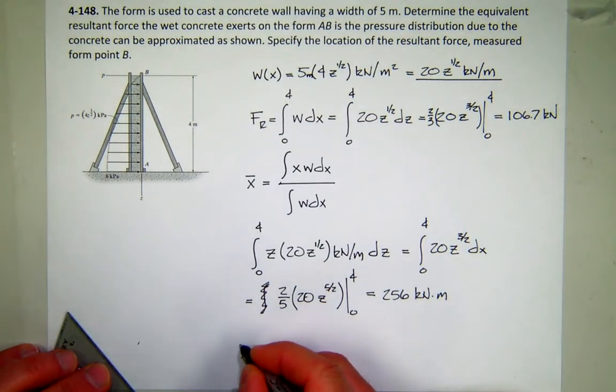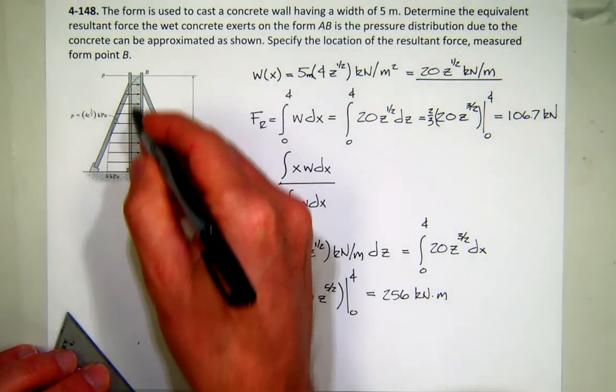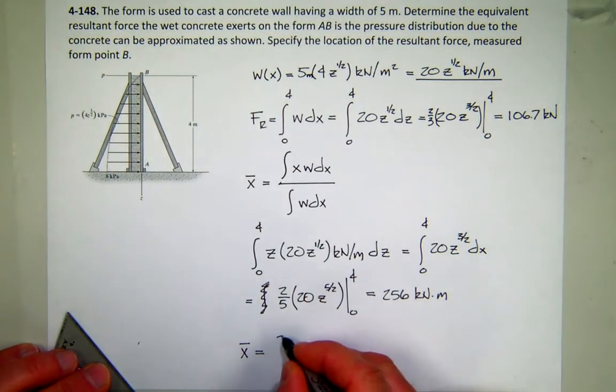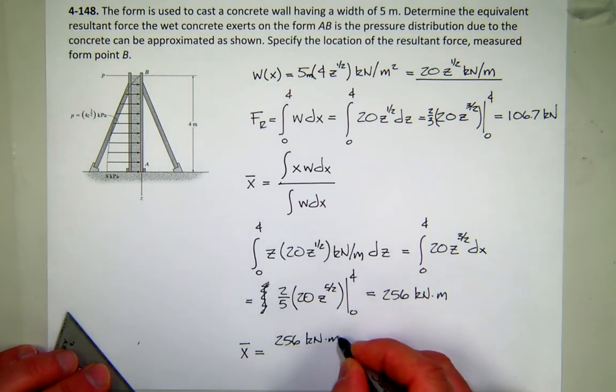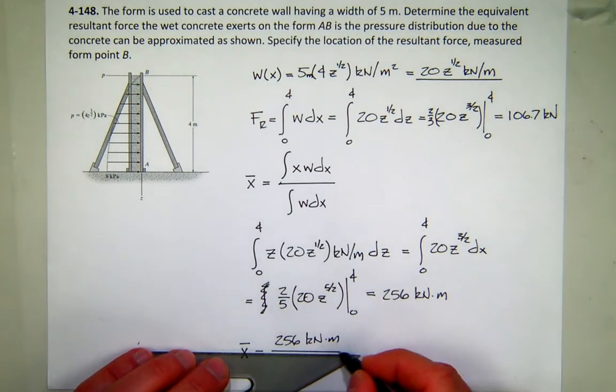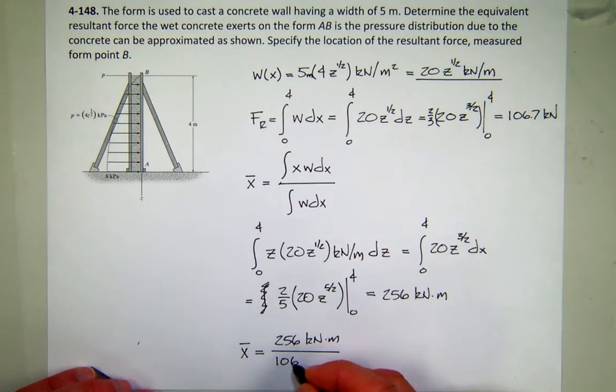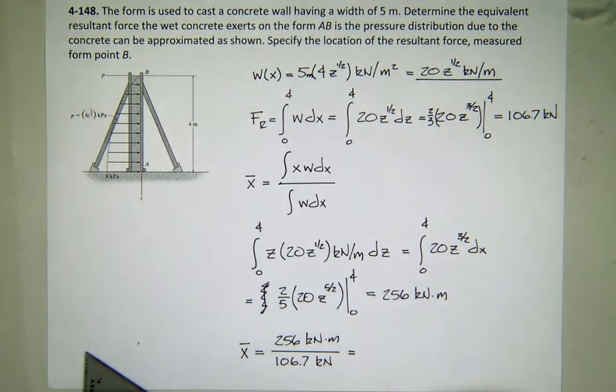So our final value for the location from the top down would be that 256 kilonewton meters divided by our force, which is 106.7 kilonewtons. It's pretty close to 2.5. Probably something a little bit less.